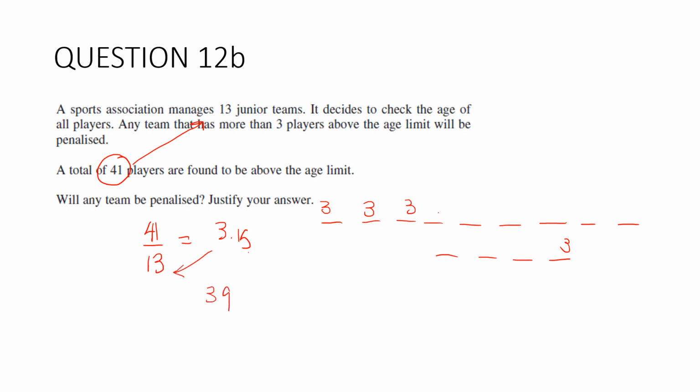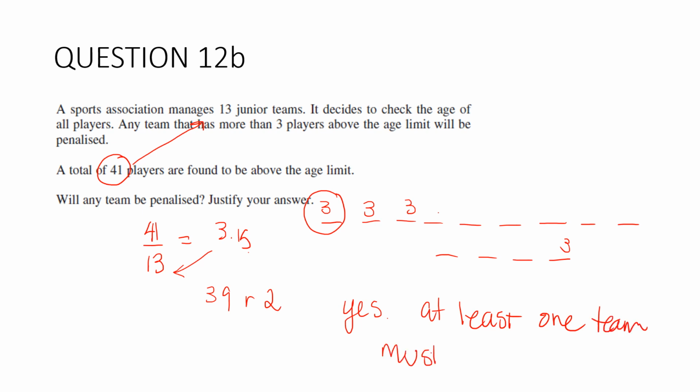There are going to be 2 players left over, so this is remainder 2. And they will have to go into one of those teams. So by the pigeonhole principle, yes, a team will be penalised because at least one team must have at least 4 over age players.